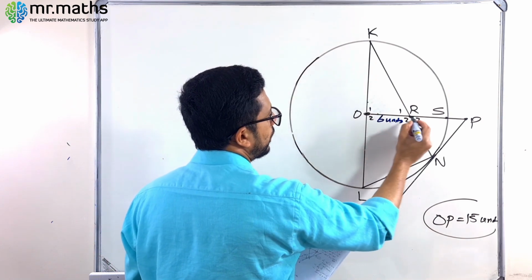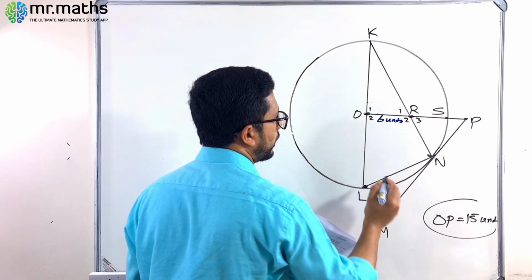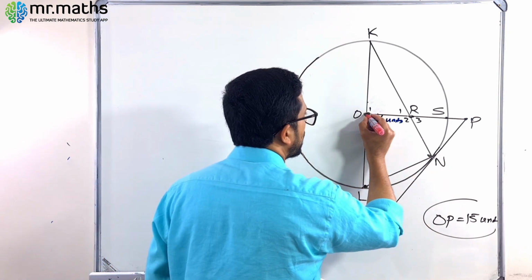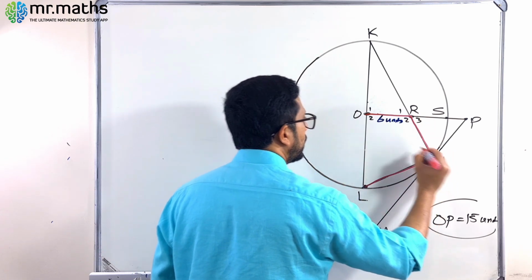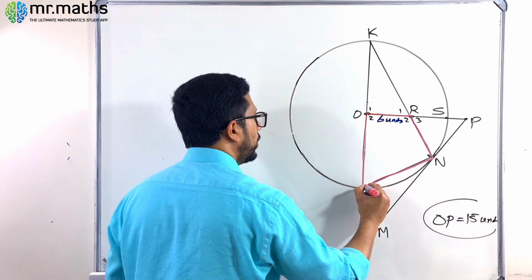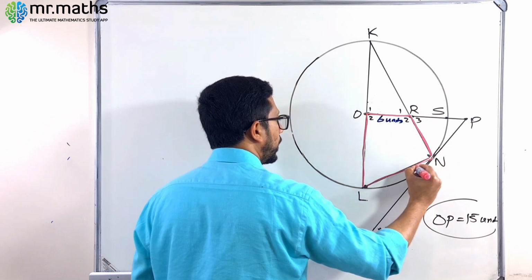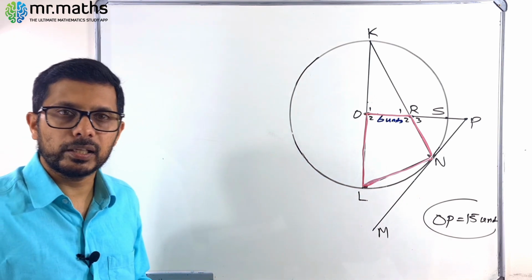O is here, R is here, N is here, L is here. That means you have to prove that that one is a cyclic quadrilateral. That means there is another circle, not based on this circle. You understand? That red one is a cyclic quadrilateral.